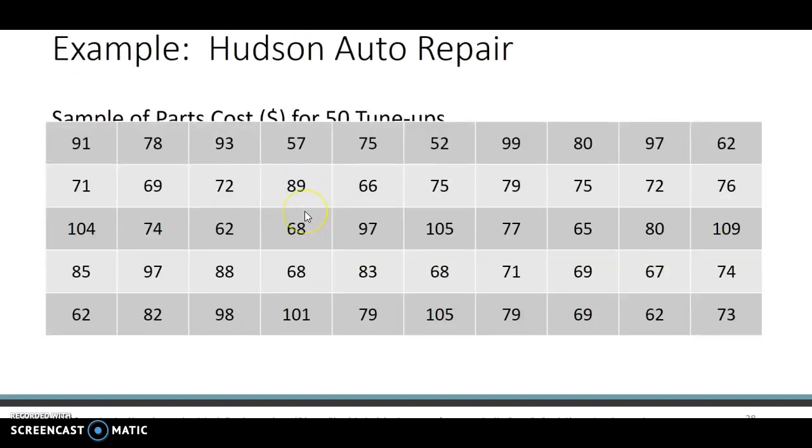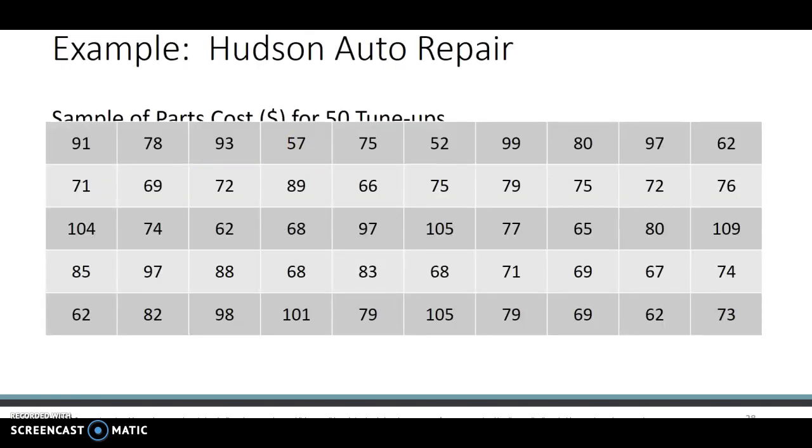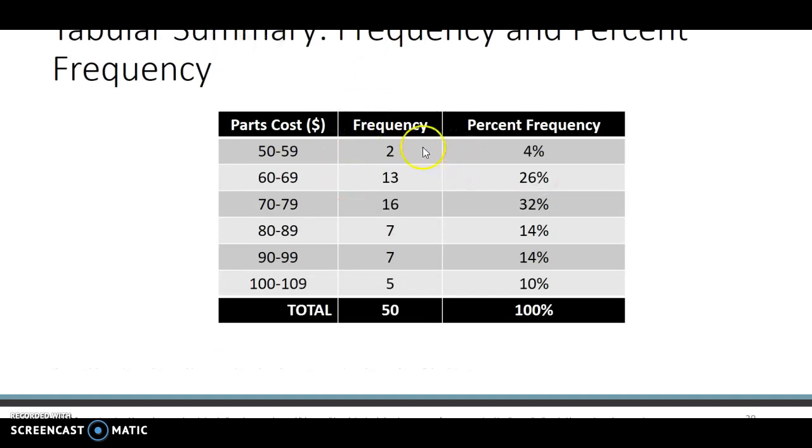Then we're going to go back through this data set, and each time an amount for the cost of a part falls within 50 and 59, we're going to make a little tick mark and keep track of them. So 57 and 52, we have no other parts that cost in that 50 to 59 range. So we have 2 parts that ran in that range.